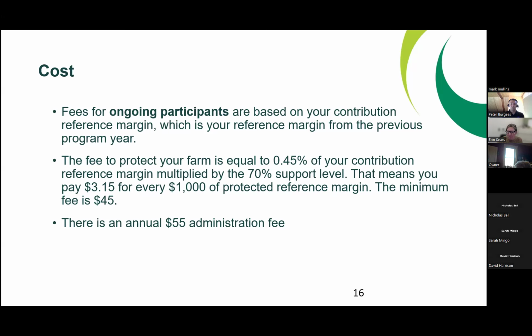That means you pay $3.15 for every $1,000 of protected reference margin. So you can sit down and look at what that reference margin would be for your operation, and then multiply it by that $3.15. There is a minimum fee of $45, and there's also an annual administration fee of $55.